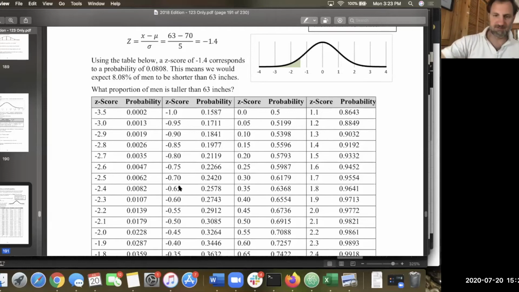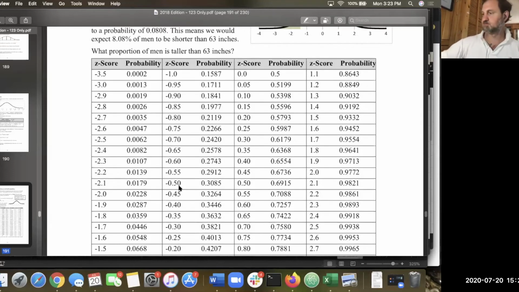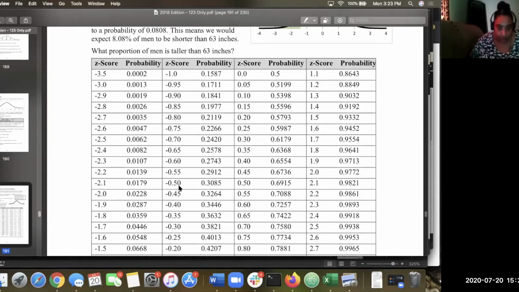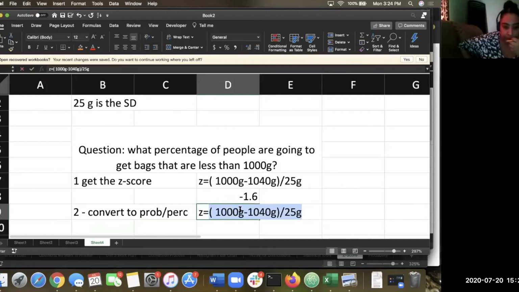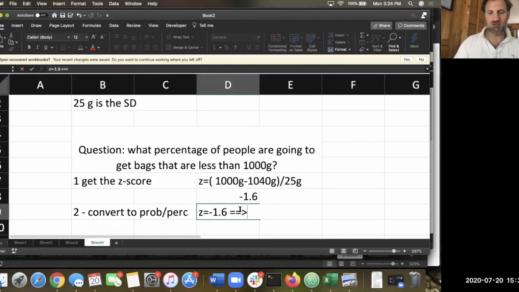So did you find it? Yeah. 0.0548. Good. So z equals negative 1.6 is being converted into, I'm using an arrow, not an equal sign, 0.0548.